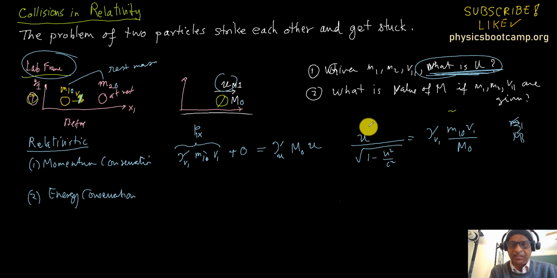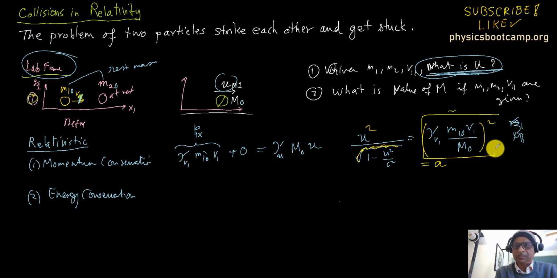One way to do it is square it and get rid of this root. Let's call the right side some quantity a. So now cross multiply, and let's also divide by c squared, so 1 over c squared on both sides. That's what we're going to call a, and let's call x the known quantity u over c.